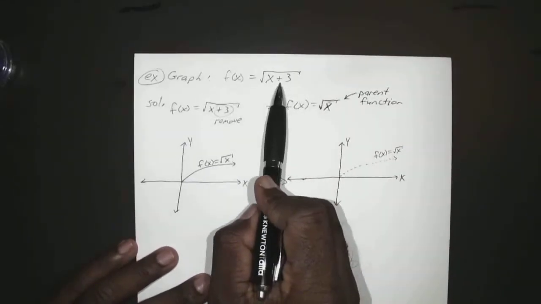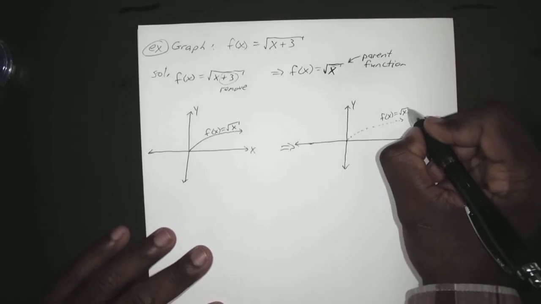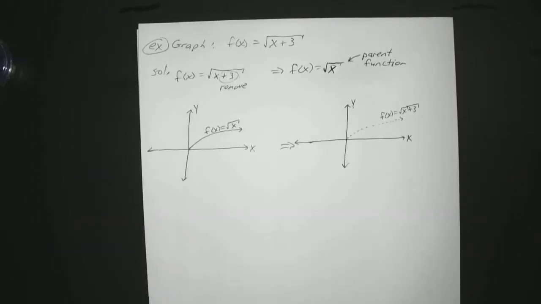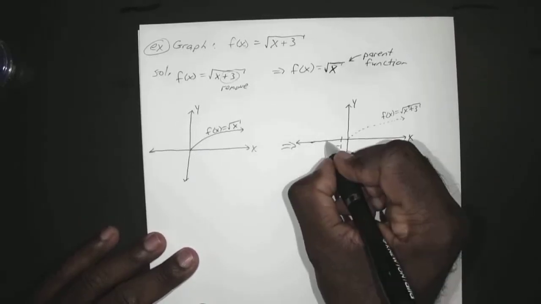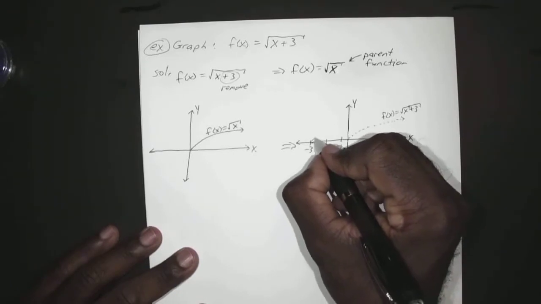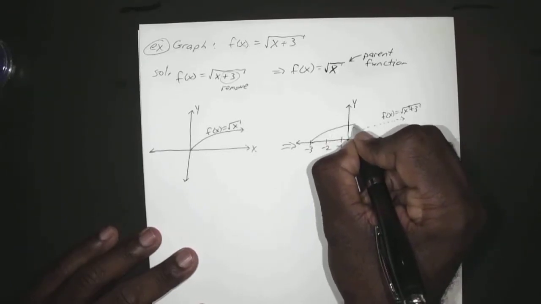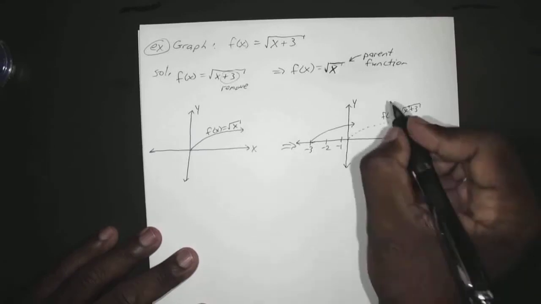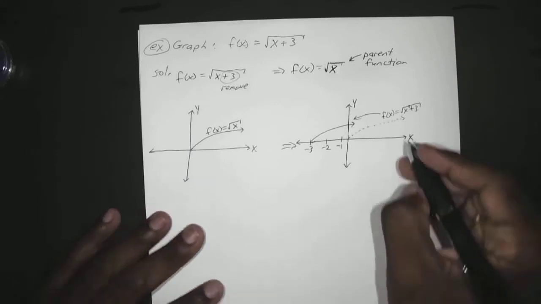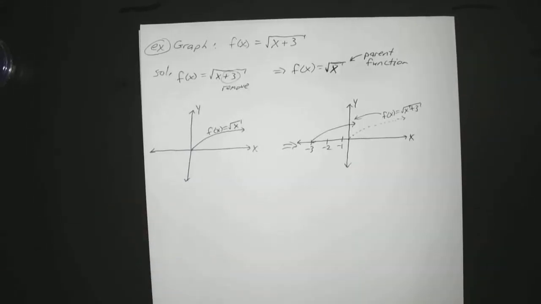So we know since it's plus 3, we're going to shift it 3 units to the left. So -1, -2, -3. Okay. Should have moved that over, but. Okay, so this one is our f of x equals square root of x plus 3. All right. So any questions on that one?